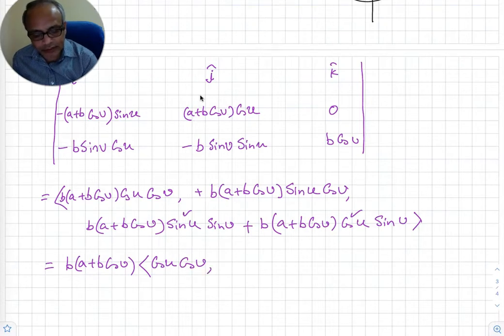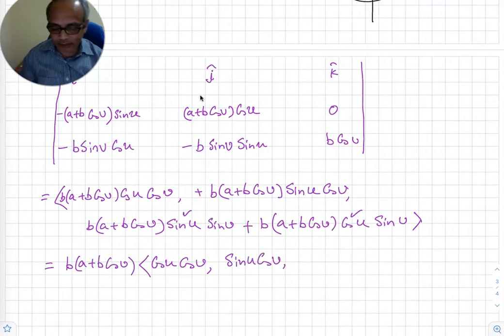Second component will be sin u cos v. And the third component, if I take b times a plus b cos v out, I have sin square u sin v plus cos square u sin v, and you can take sin v out. You get sin v times sin square u plus cos square u.